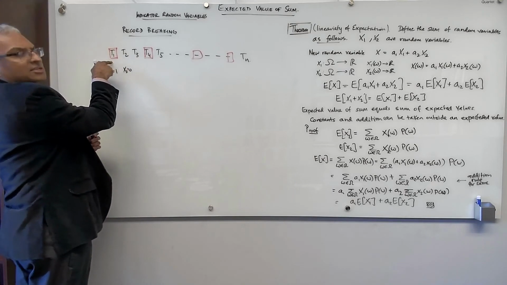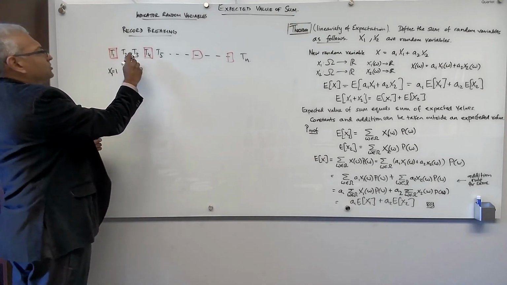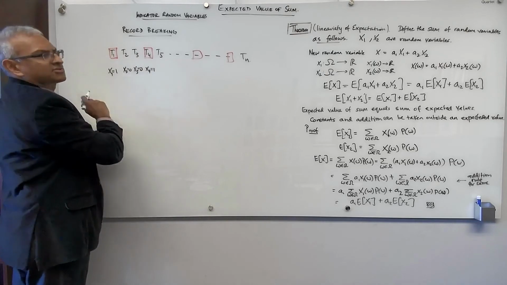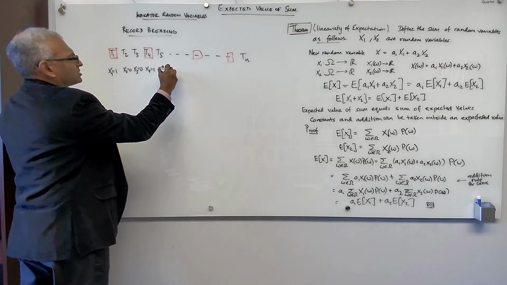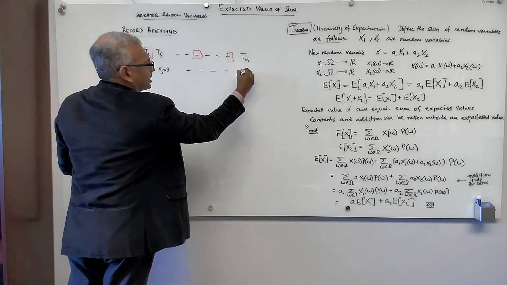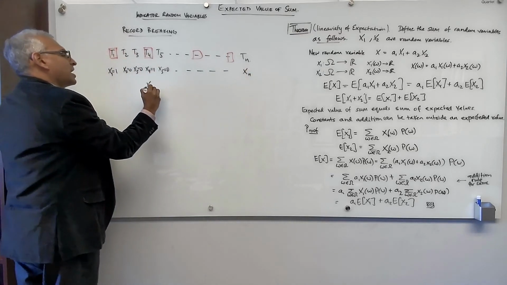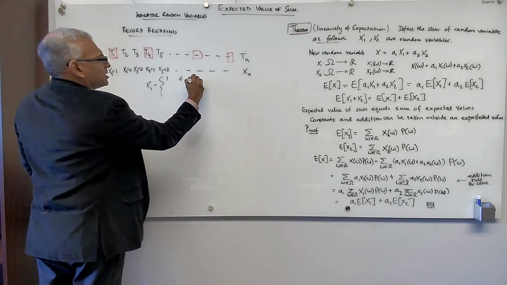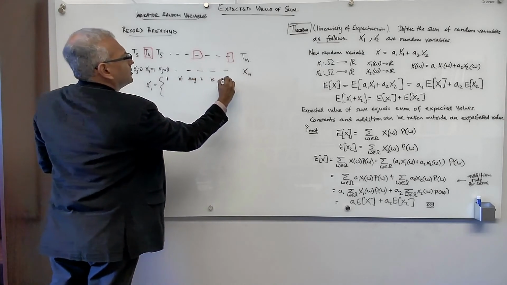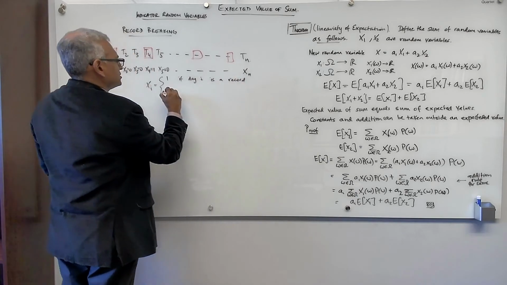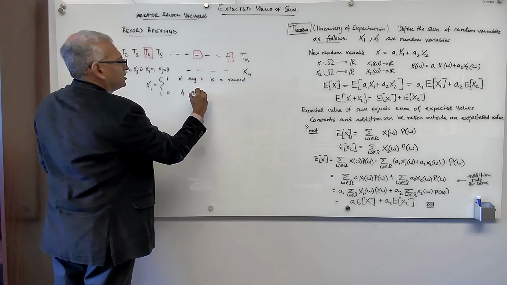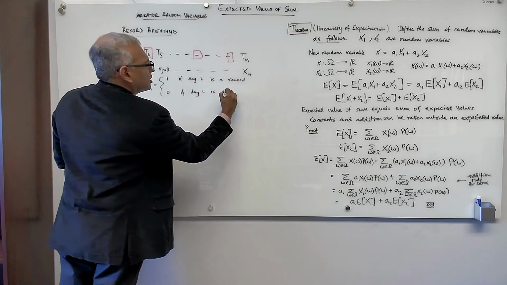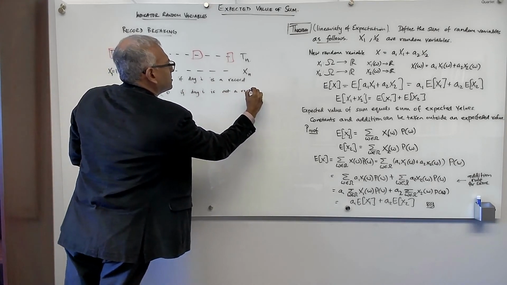That means it was less than T1. x3 equals 0, not a record. x4 equals 1, yes, record. x5 equals 0, not a record, and so on up to xn. So xi indicates 1 if day i is a record, and 0 if day i is not a record.